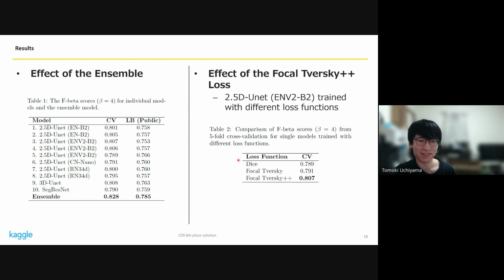And the right table shows the effect of the focal Tversky++ loss. For example, using the 2.5D U-Net models, I compared different loss functions, and saw that the focal Tversky++ loss improved performance.